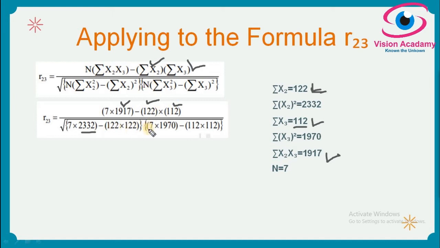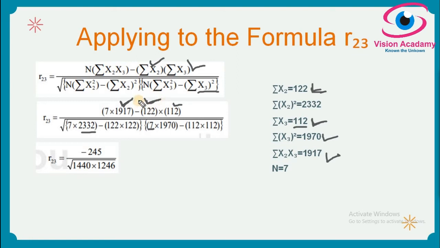N is 7. In the next step, summation x3 square is 1970, so 7 into 1970. Summation x3 whole square, summation x3 is 112, whole square means 112 into 112. So I will simplify the values for the further step. Firstly, I will multiply 7 into 1917, then 122 into 112.